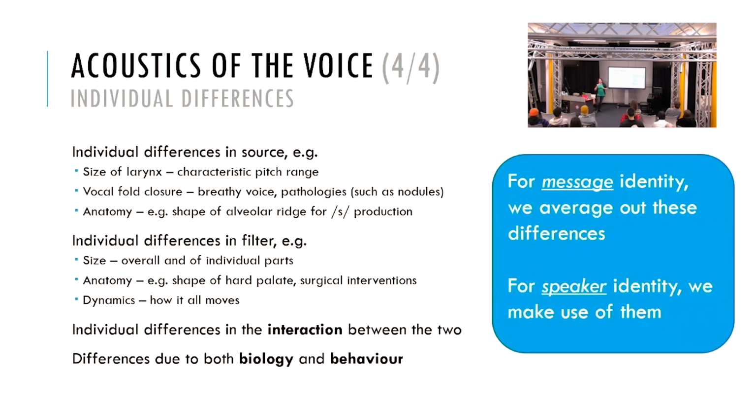And also when we're looking at non-phonation sources, that can be really dependent on anatomy. So for instance, when you make an s sound, you're putting your tongue up against what we call the alveolar ridge, which is a ridge behind your upper teeth. And different people have different shaped alveolar ridges. And as a consequence, their s sounds are all going to be a little bit different.